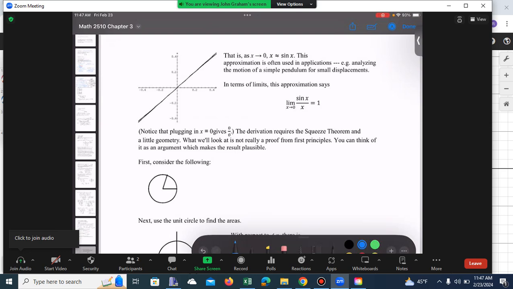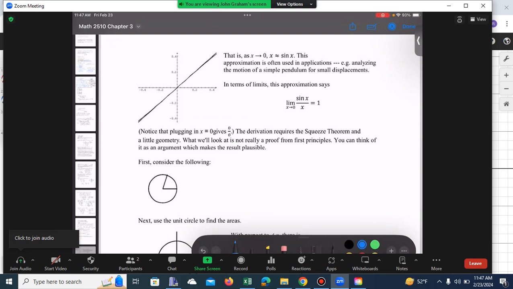And we're going to prove this. Now we can't prove it by just plugging in 0 for x, because you'll have sine of 0, which is 0, and 0 on the bottom, which gives you 0 over 0. And in calculus, that means you have to do a little bit more to see if it's truly 1 or truly 0, whatever it may be. Because this is an ambiguity.